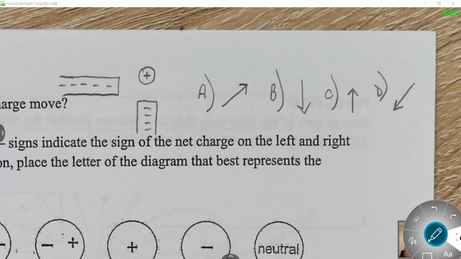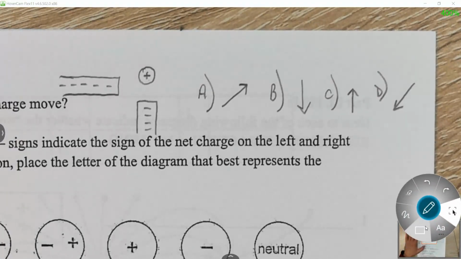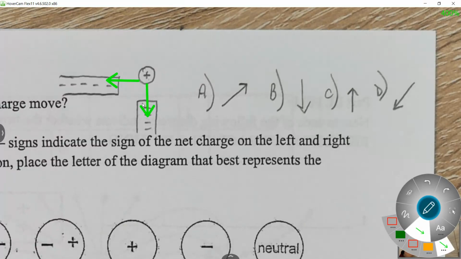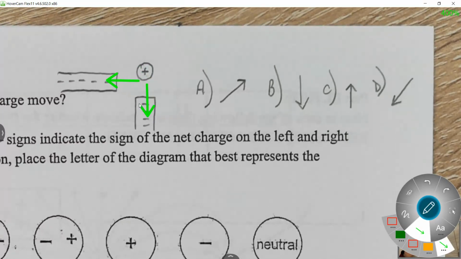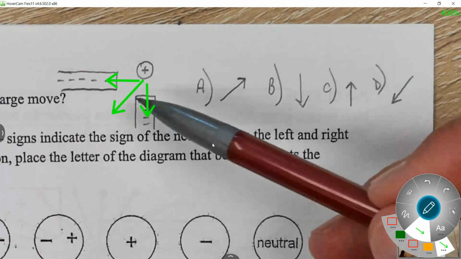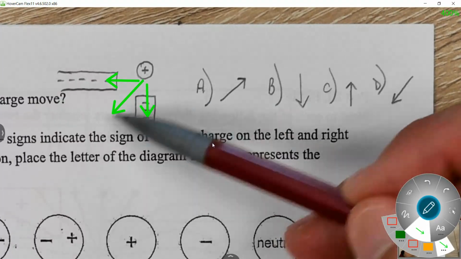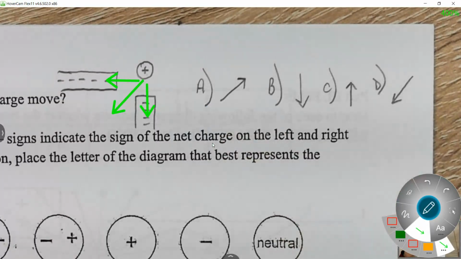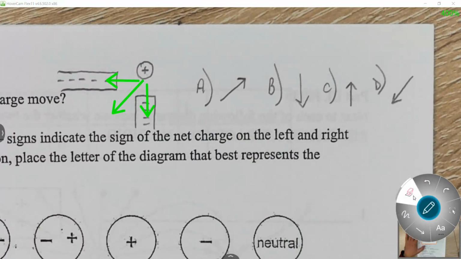So if positive is attracted to negative, this thing would be attracted down this way and this way. So which way do you think it would actually move? Kind of in the middle, right? So it would be a little bit to the left, but also down, which would put it right here in the center. So we'd be looking at letter D for this, okay?